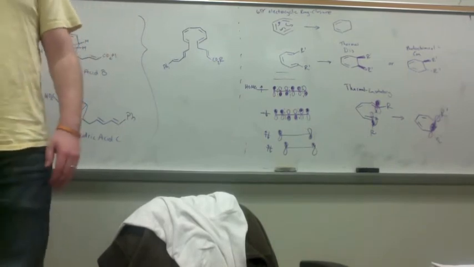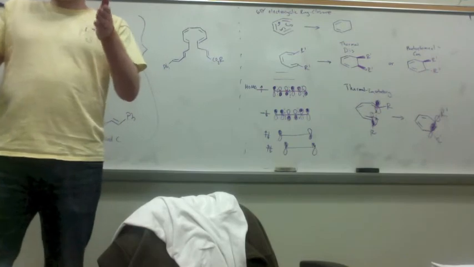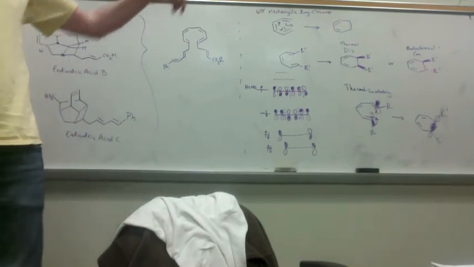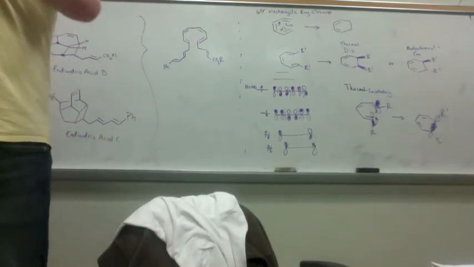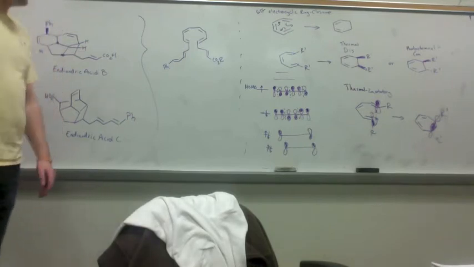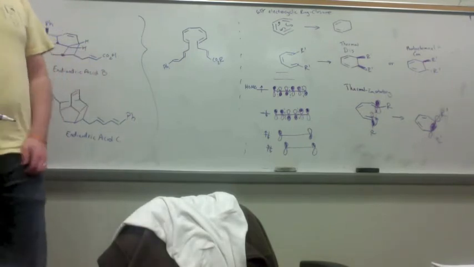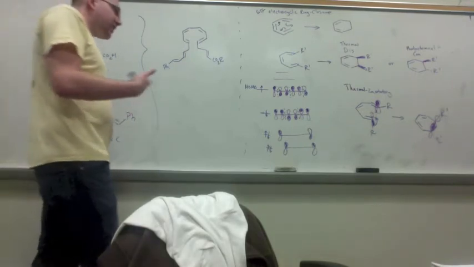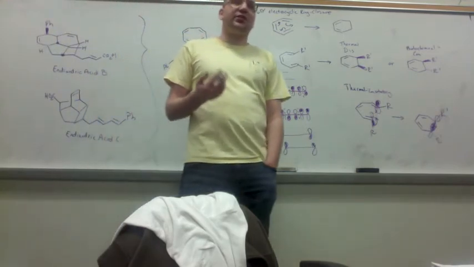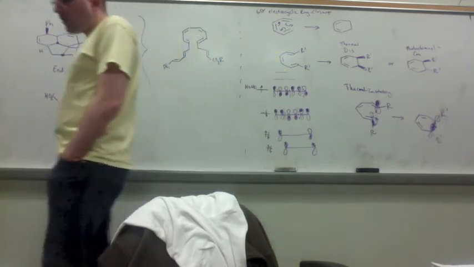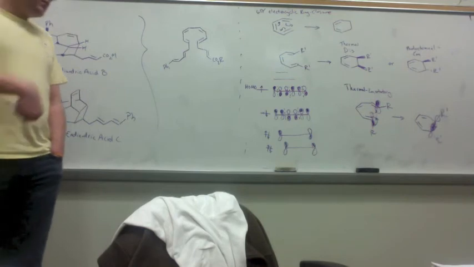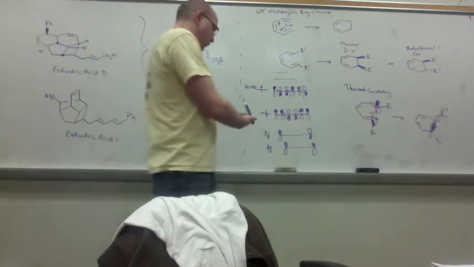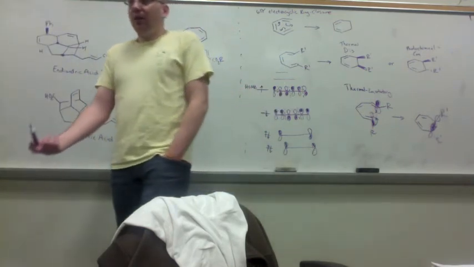In that case, thermally in a 4-pi, it would be the opposite. It would be the same as the photochemical, so it would be conrotatory in terms of the product that you would get, okay? So this is the way to think about the stereochemistry of electrocyclic processes, through a molecular orbital standpoint.